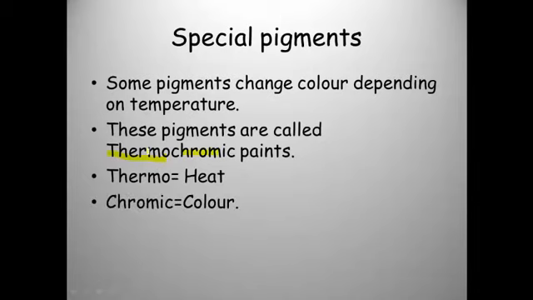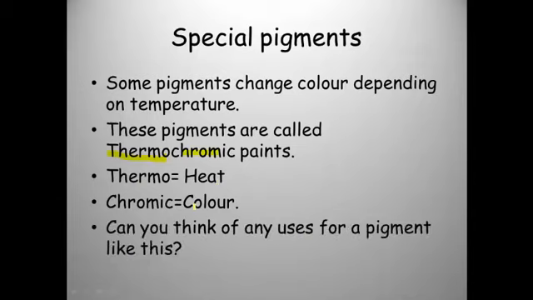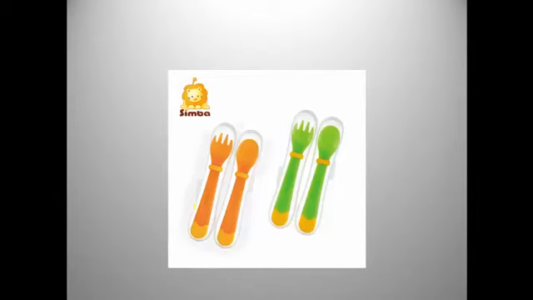So obviously thermochromic paints are heat pigments, aren't they? They will change colour according to the temperature. Can you think of any uses for them? Well, baby spoons are one example, in that they will turn different colours depending on how hot the food is. Obviously the baby can't tell you this is too hot, it's just going to start crying, but you can save yourself the bother by having a spoon which changes colour, which will let you know if the food is too hot for the baby.